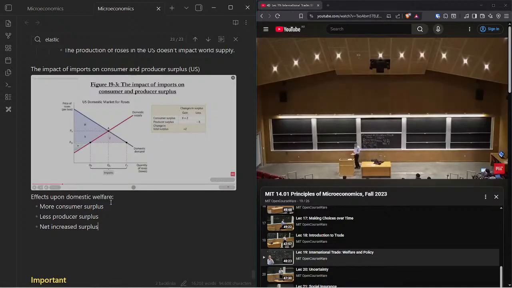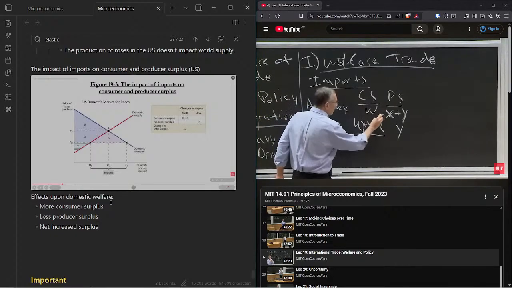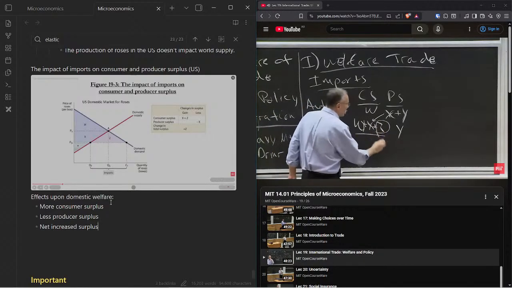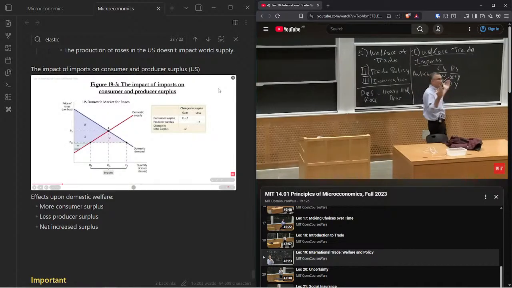Okay? So basically, by expanding to trade, we've done two things. We've transferred X from producers to consumers, but we've added Z. So welfare has gone up. It's the opposite of the deadweight loss case. With a minimum wage or other regulation restrictions, we would transfer, but we'd have an efficiency loss in that transfer. Here's a transfer with an efficiency gain.